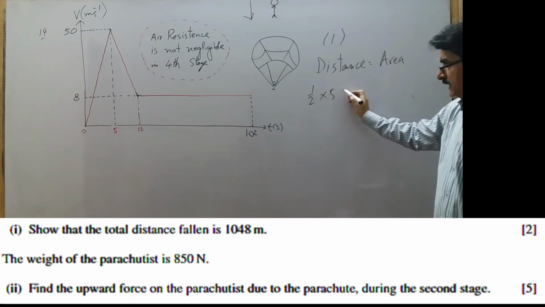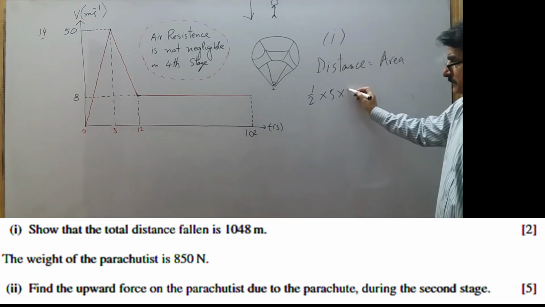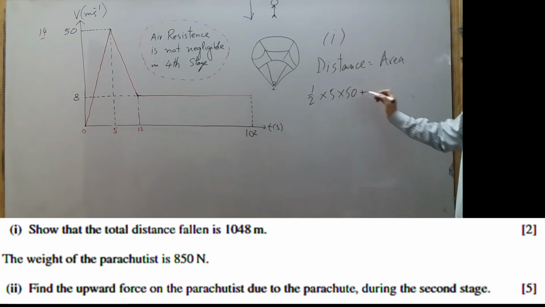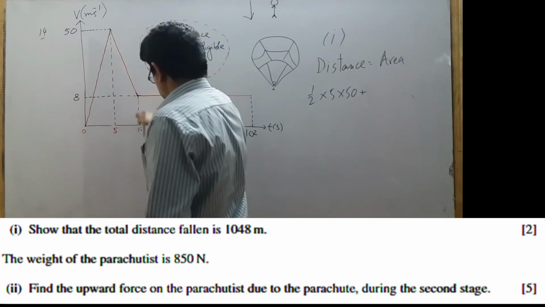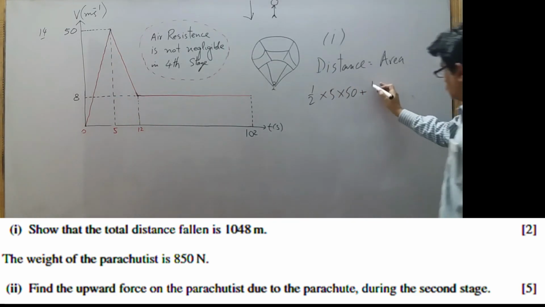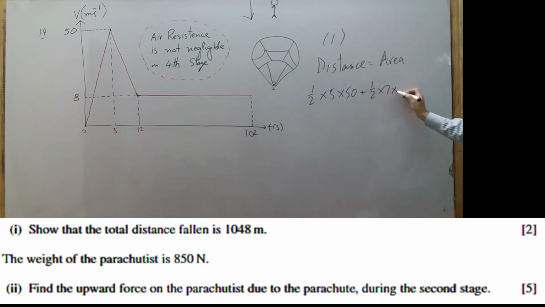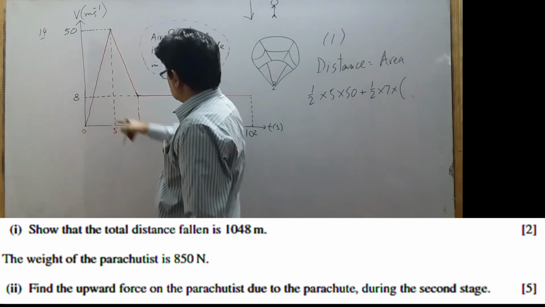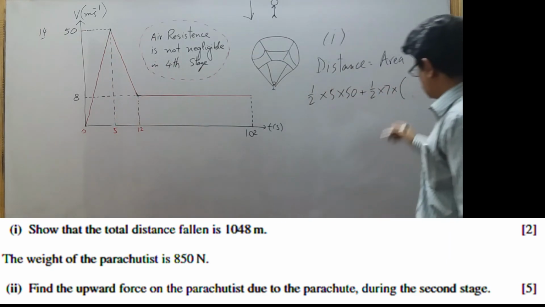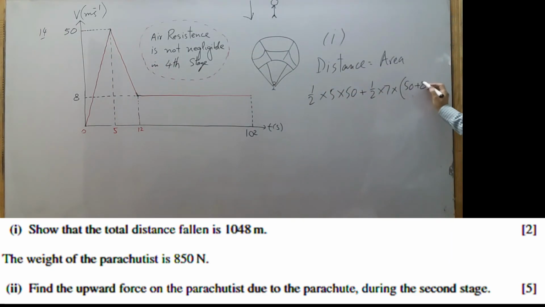Half into base into height is 50, plus the area of this trapezium, whose width is 7. So half into 7 into the sum of parallel sides, 50 plus 8. Then lastly plus this rectangle.